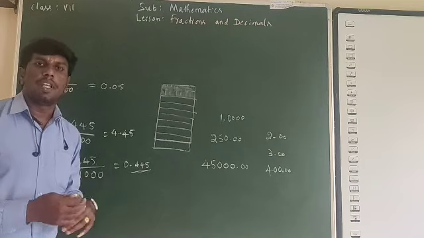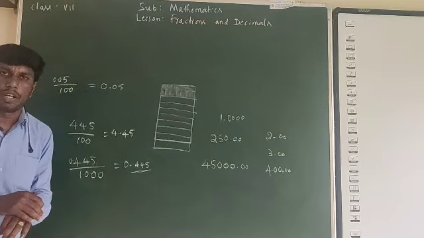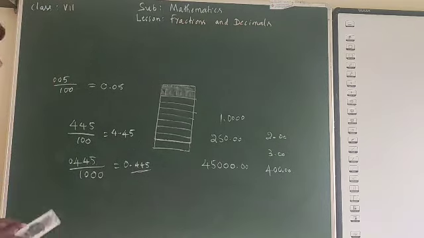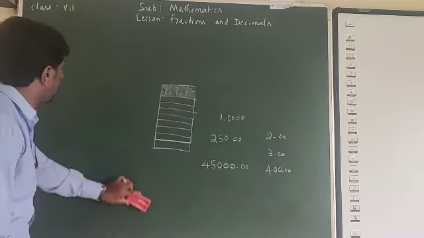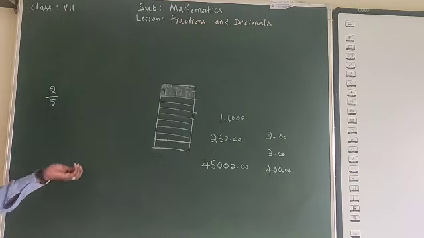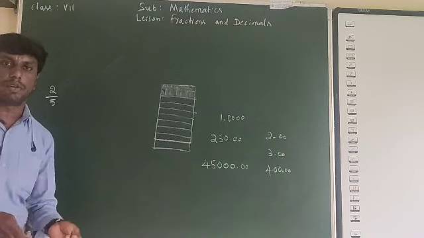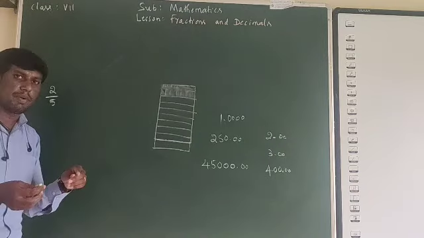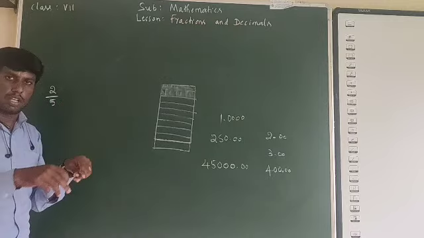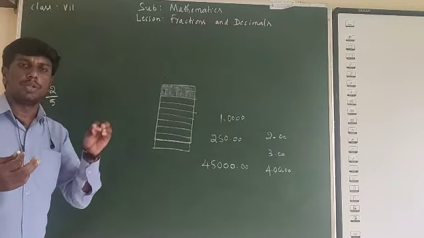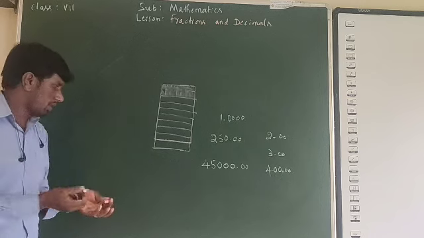Okay. What will you do if the denominator is not 10, 100, 1000? Say suppose 4 by 10 like this. I'm sorry, not 4 by 10. 2 by 5. How to represent this in terms of decimal numbers? One way of representing this in terms of decimal number is normal division. Correct? Dividing 2 by 5, then you need to put the 0, then 0, like that.